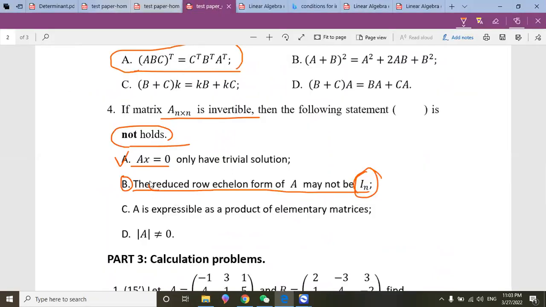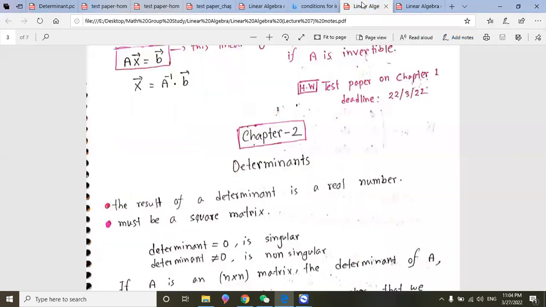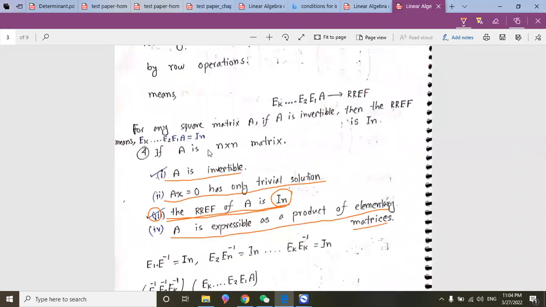So reduced row echelon form, that means RREF, right? You just take the first letters R, E, and F, okay? So RREF. Our formula tells us that if this is invertible and if this is a square matrix, then the RREF of A will be an identity matrix of n size, right?